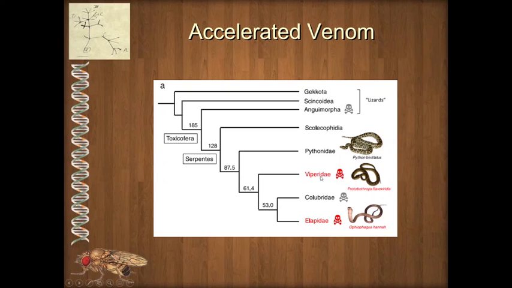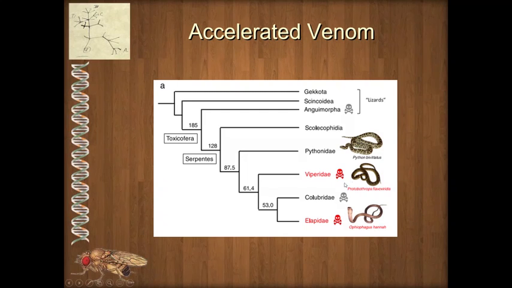The vipers have some of the most extreme morphological modifications and very diverse and toxic venoms. And then the elapids, whose venom delivery systems are not quite as elaborate. They don't have the hinged jaws, but they're still very toxic and do have hypodermic fangs. But their hypodermic fangs are fixed rather than retractable.